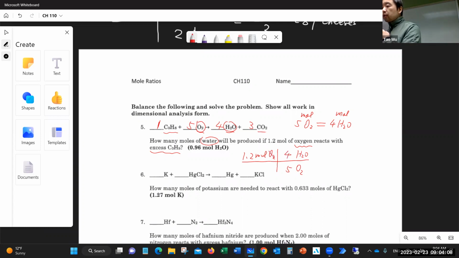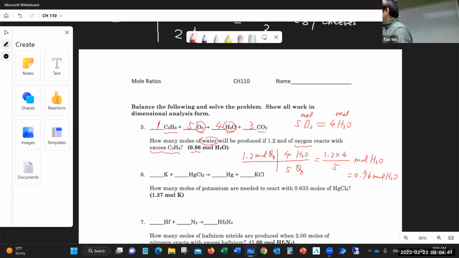And obviously oxygen cancels. What's left over will be just moles of water. So the equation is 1.2 times 4 divided by 5. This is 4.8 divided by 5, so the answer will be 0.96 moles of water.